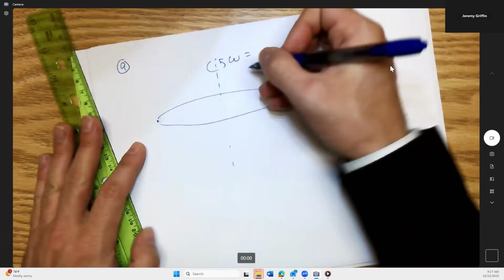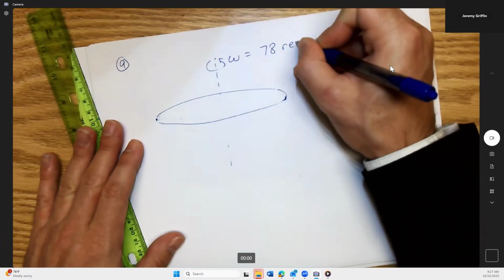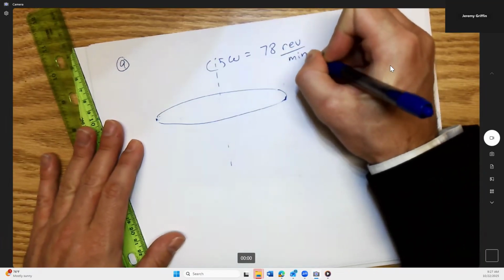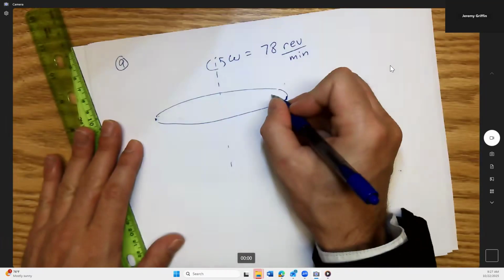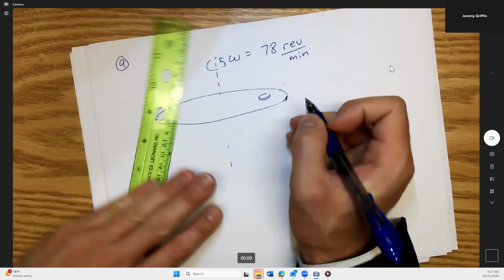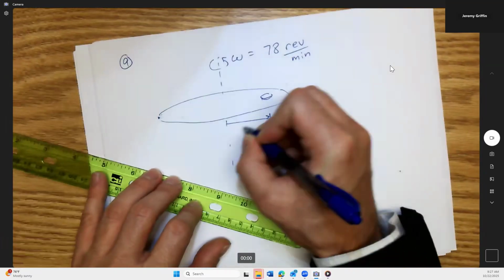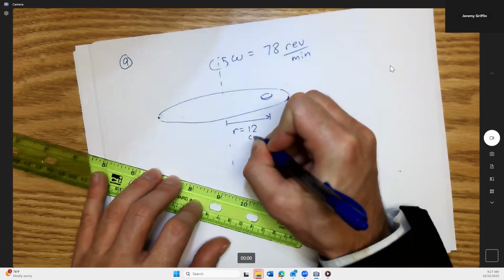I'll give you omega exactly as they gave it to you, which is 78 revolutions per minute. They told you that this coin is 12 centimeters from the center. So this radius right here, R equals 12 centimeters.